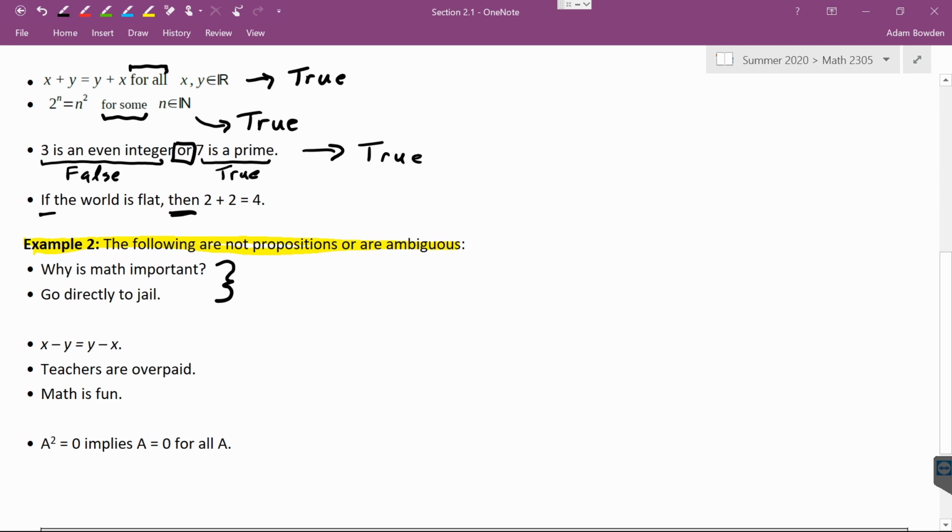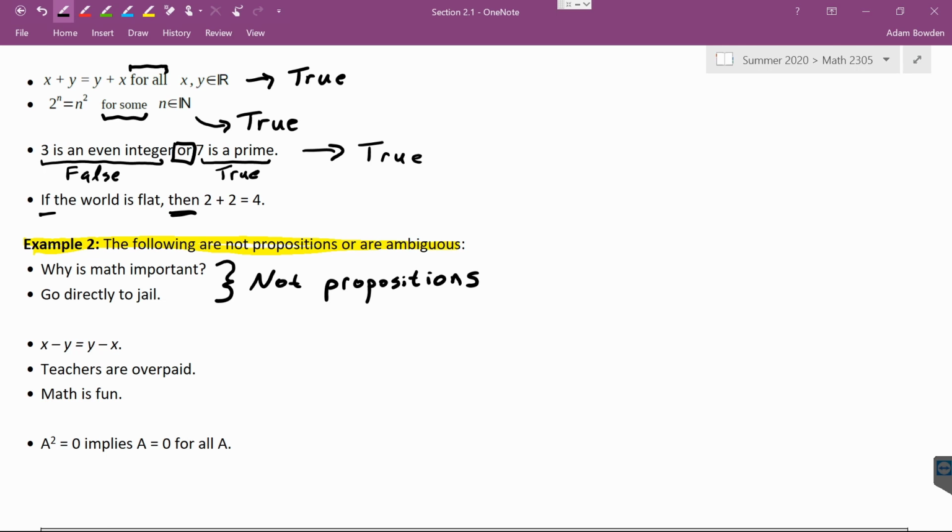One is in the form of a question, and the other is just a command. So those are not propositions, because it doesn't make sense to say that one is true or false.